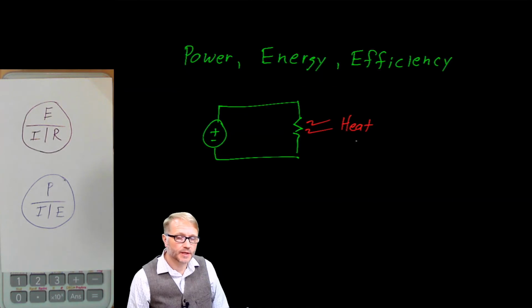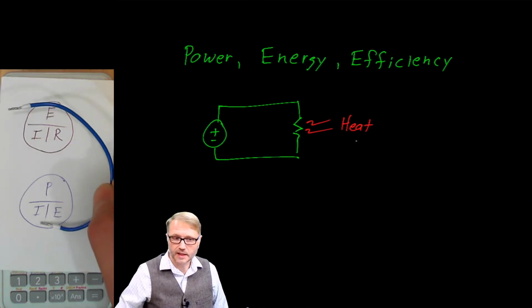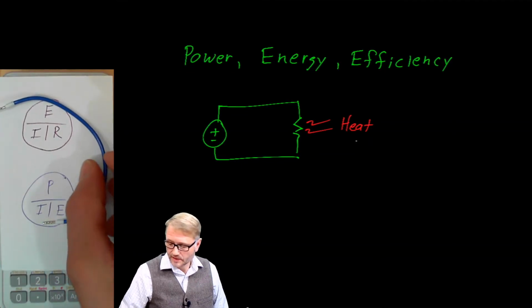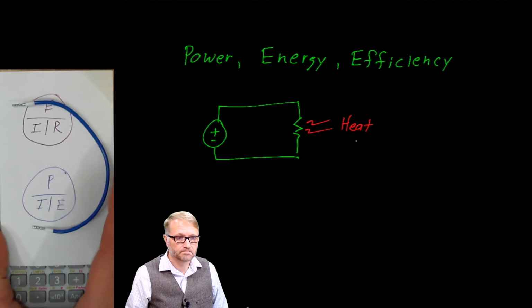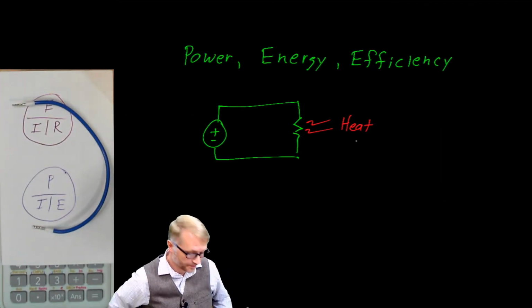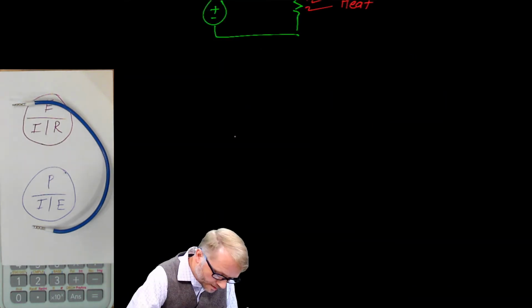There's something you should know about resistors, and that is the fact that they are everywhere. We can't get rid of them. For instance, this wire, that wire acts as a resistor. The motor is a good example. We have a power supply, and then we have resistors.